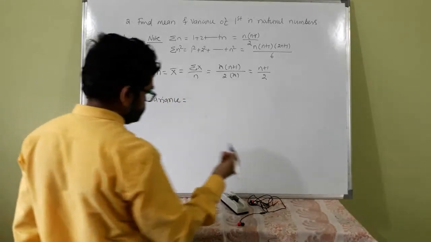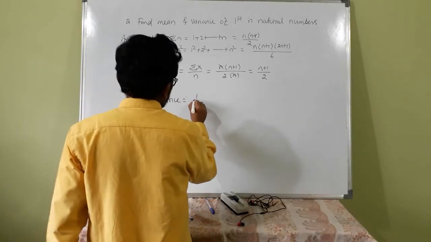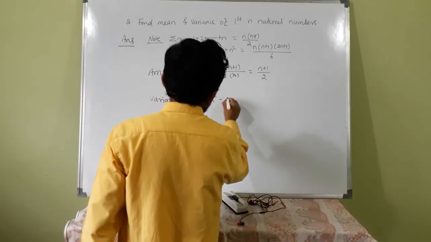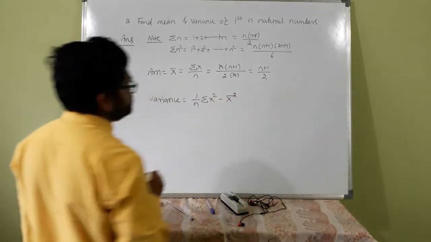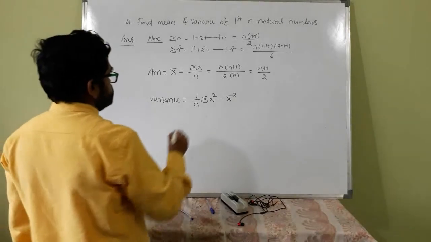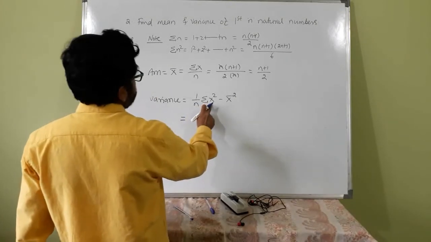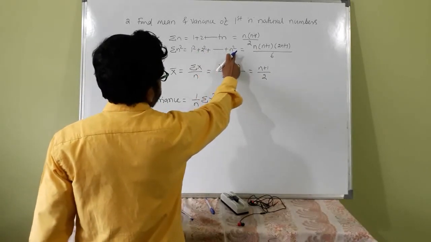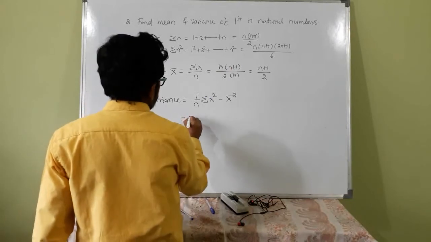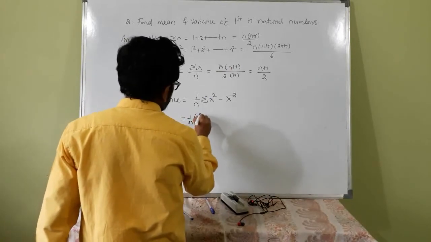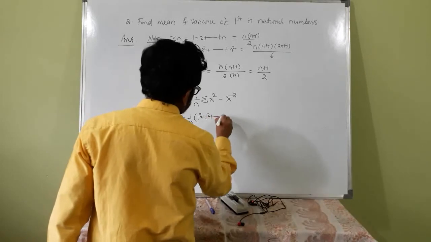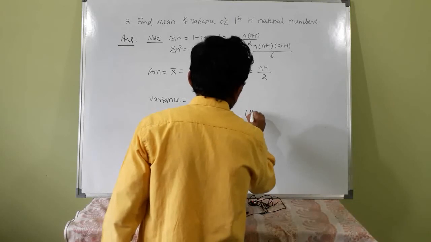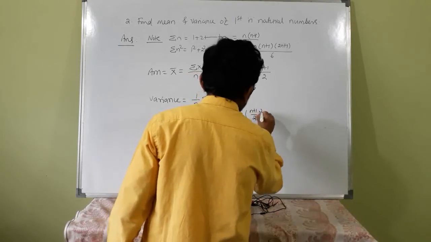Okay, now variance is equal to, either one of the formulas you can use, 1 by n into summation x square minus x bar whole square. I will use this formula. So 1 by n into summation x square means 1 square plus 2 square so on up to n square, is 1 by n into 1 square plus 2 square so on up to n square, minus n plus 1 by 2 whole square.